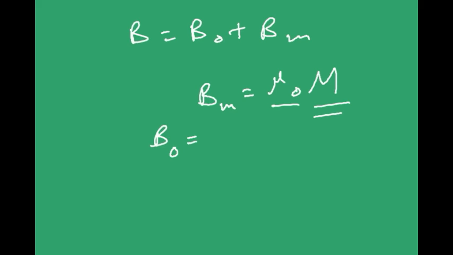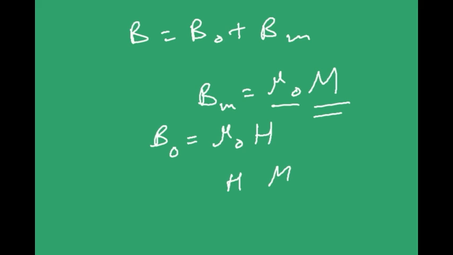I can write B naught as mu naught times H, where H is the magnetic intensity, and H, the magnetic intensity, is something like magnetization only, but not exactly equal to it. H and M both have the same units because both of them, when multiplied with mu naught, give magnetic field, right? So, hope everything is clear till now.